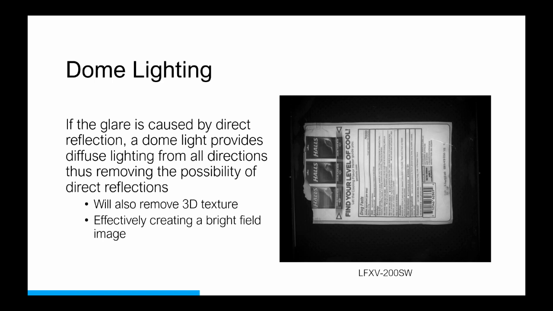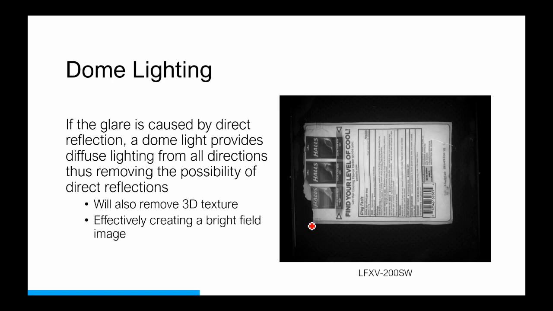One thing with the dome light is it will remove 3D textures, so it will create a pretty flat, ideal image with no glare. This image was taken with an LFX V200, and this is the same sample I had in the beginning when I showed what glare was and why it was a problem. There were hot spots all over, but with this flat dome light at a really short working distance, we have no glare and a very even and uniform image.